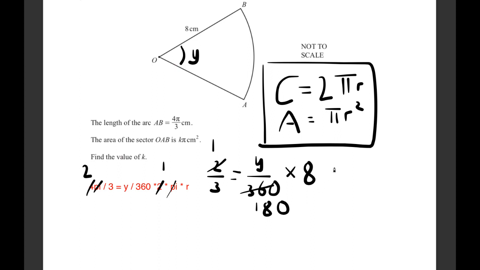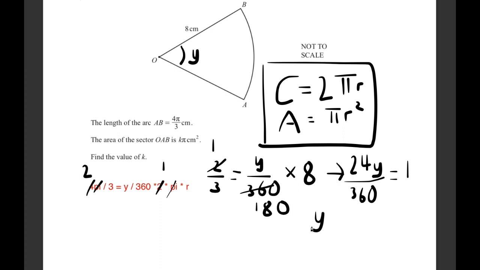Okay. So that then means, let's bring this over here. So 8 times 3 is 24, so we get 24y divided by 360 still is equal to 1. So a little bit of rearranging here.